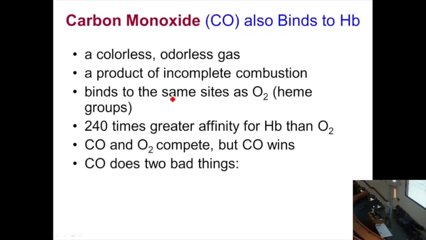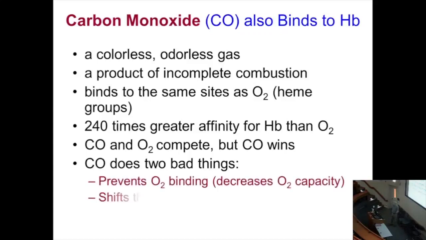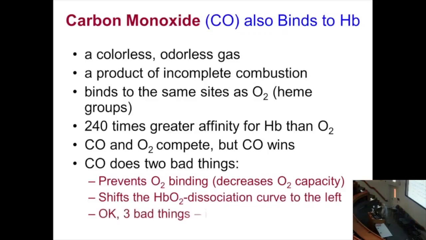Carbon monoxide does two bad things to the oxyhemoglobin dissociation curve. A site that has carbon monoxide bound instead of oxygen can't pick up oxygen, so it prevents oxygen binding, decreasing the oxygen capacity. It also shifts the curve to the left. And by doing these things, it can kill you if you have enough.